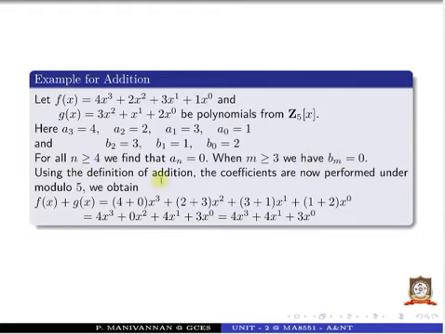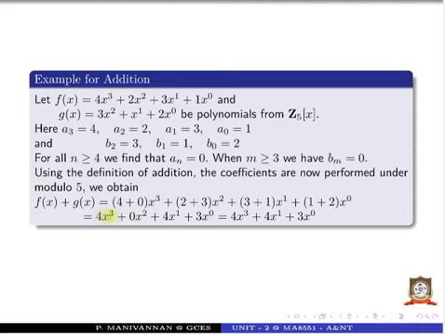Using the definition of addition, the coefficients are now computed modulo 5. First, add these two. What is the x^3 term here for g? Nothing, so it is 0. So 4 plus 0. Then the x^2 coefficient is 2 plus 3, the x^1 coefficient is 3 plus 1, and x^0 is 1 plus 2.